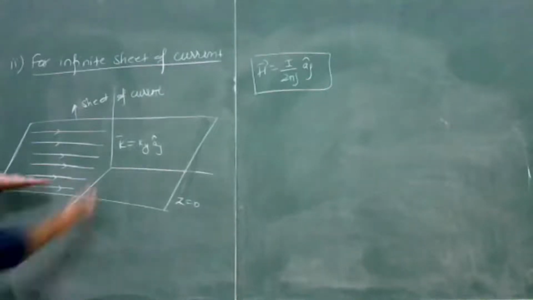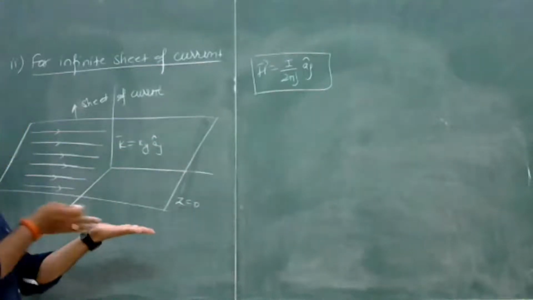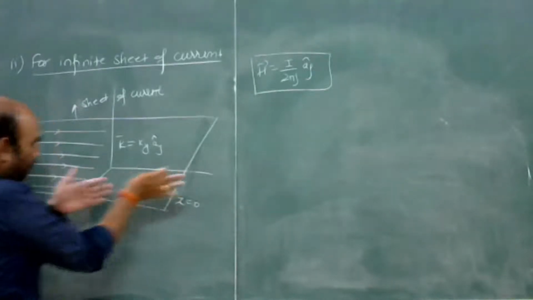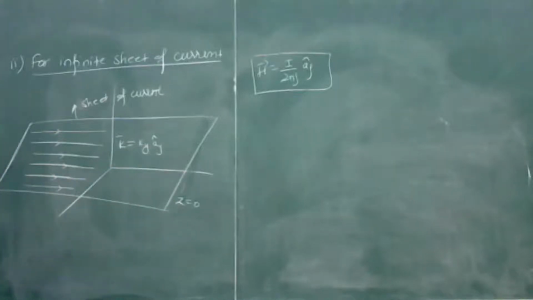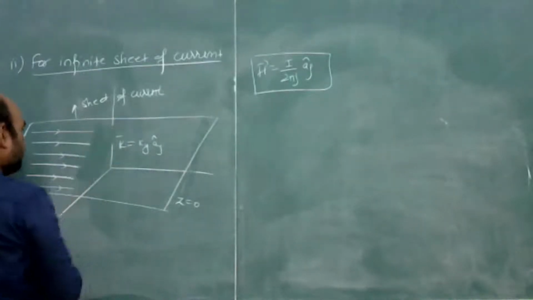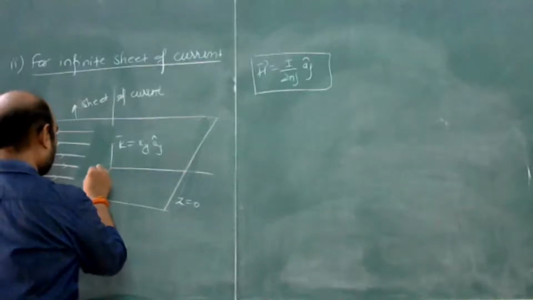We are considering a sheet of current with many conductors, and current flowing in the y direction. Let K be equal to K y a_y. Now we will consider an Amperian loop.